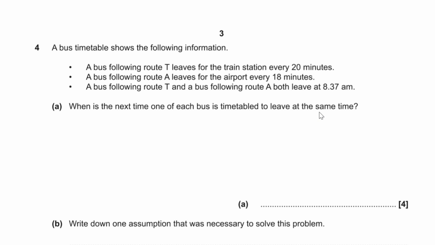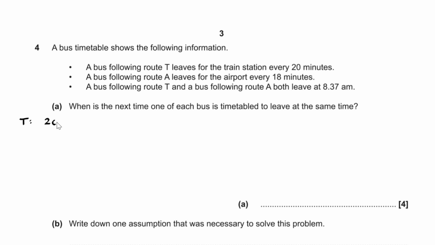Well, to do this, what we need to do is find the lowest common multiple of 20 and 18. And then that will allow us to find when they leave the bus station at the same time. So if we consider route T, you can see it leaves every 20 minutes.